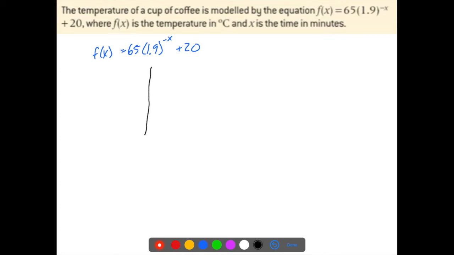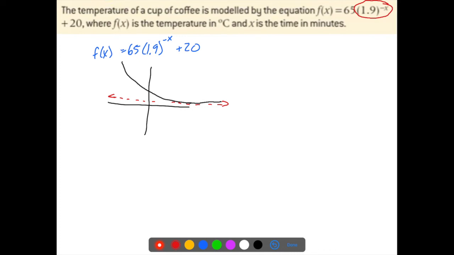Remember, we've got this situation where we've got decay, so it looks something like this, where it decays and comes closer down. But why is there a horizontal asymptote here? Why does it flatten out? There's going to be some number here at which there's a horizontal asymptote. That's one of the features of this exponential type equation.